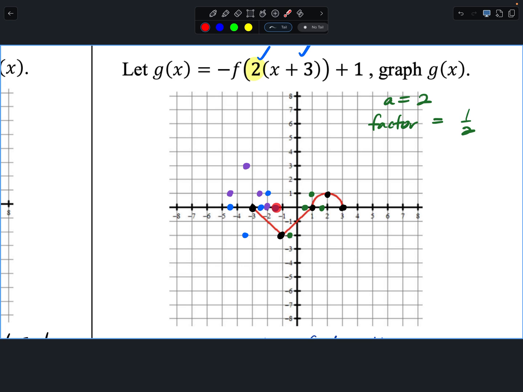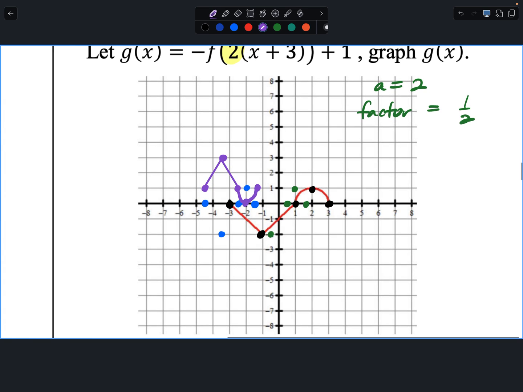On the x-axis, nothing happens. Up 1. Okay. So now you have to think about what I'm doing. Okay, so it's going to look like this. I don't like that. There we go. That's a hard one. It's a lot of work.